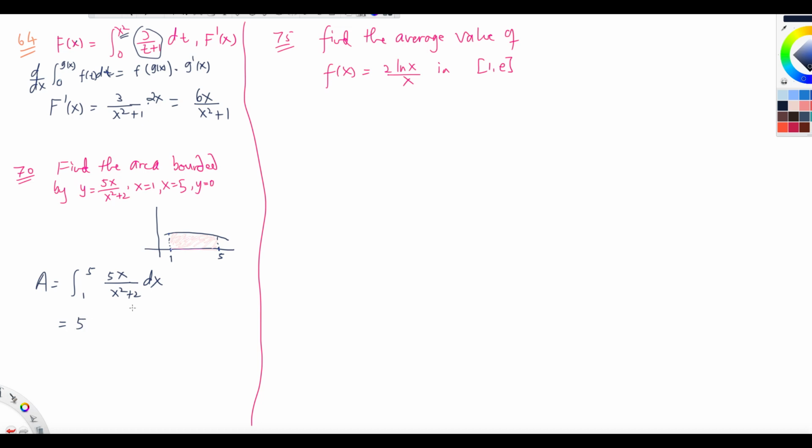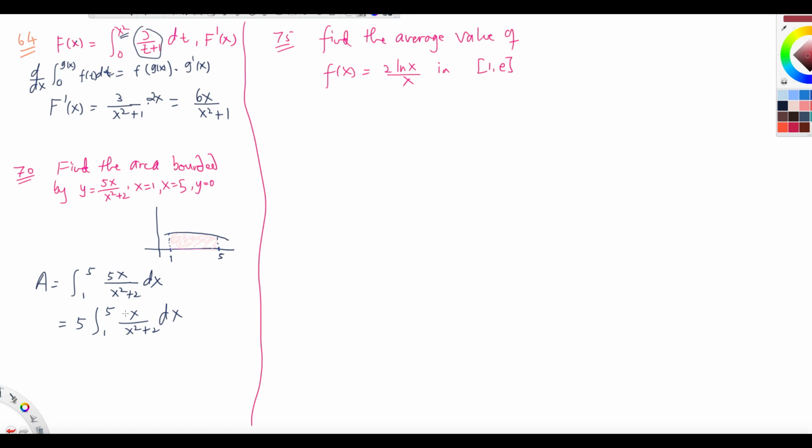So let me pull this 5 to the front. Then you can write the integral from 1 to 5 of x over x squared plus 2 dx. What is the derivative of the denominator? That is 2x, but we don't have the 2. But we can make it. How do I do that?